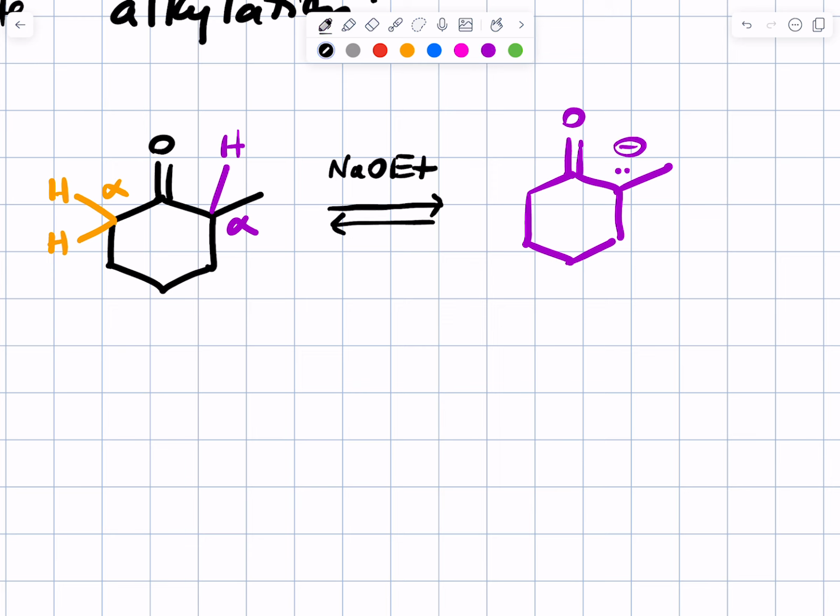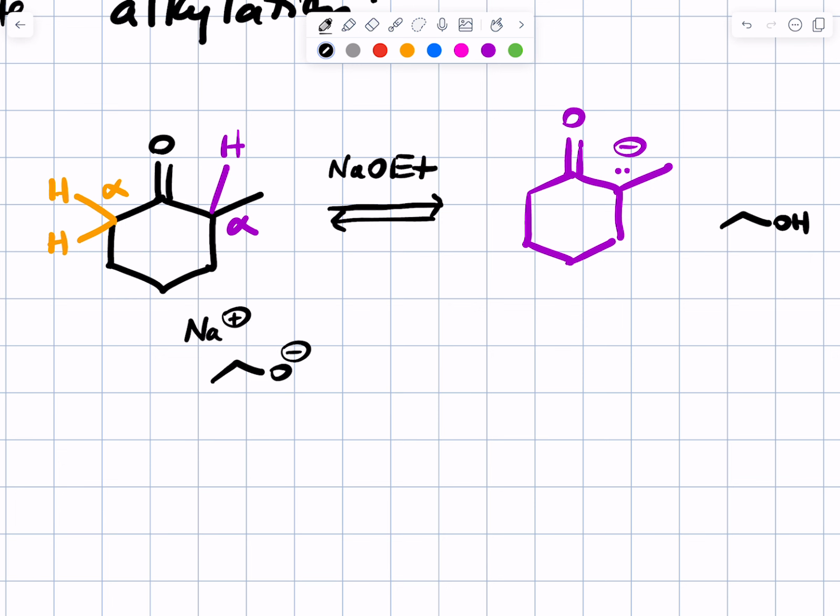The reason it's equilibrating, by the way, NaOEt is the abbreviation for sodium ethoxide, where ethoxide is the conjugate base of ethanol. So what's going on here is ethoxide is removing the proton.